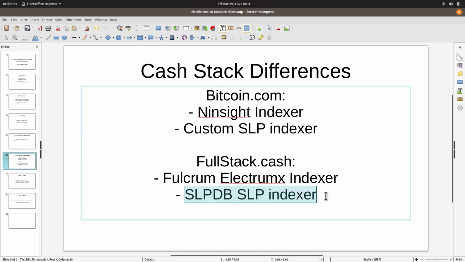We'll be running both. We won't be giving up SLPDB because right now it's open source, it's mature, it handles well in a production environment with millions of requests a day. So we'll continue to use that, but we're also going to be paying close attention to the BCHD indexer as well. So these are some of the caveats. As a result, moving your code from Bitcoin.com to FullStack.cash is not going to be drop-in.